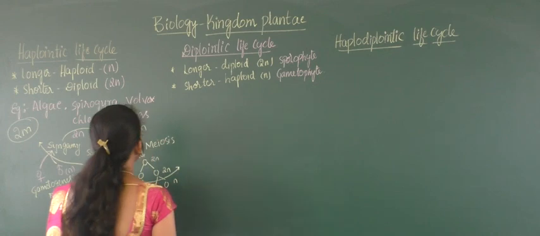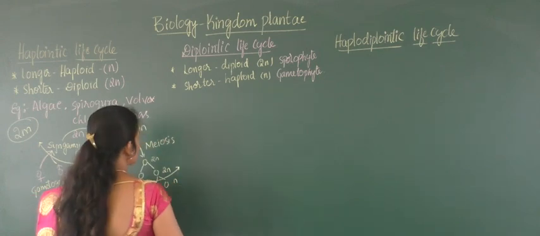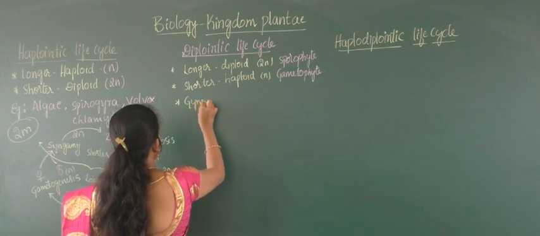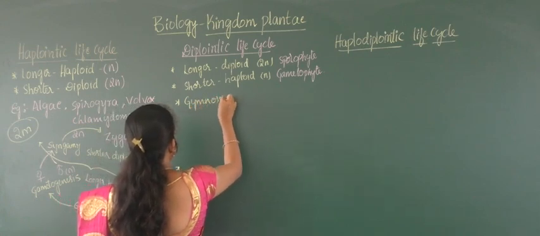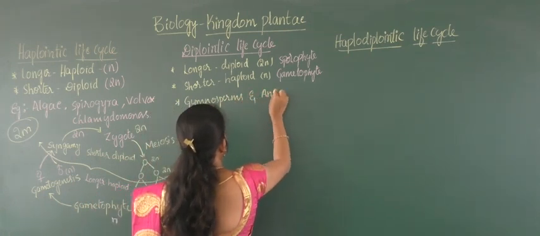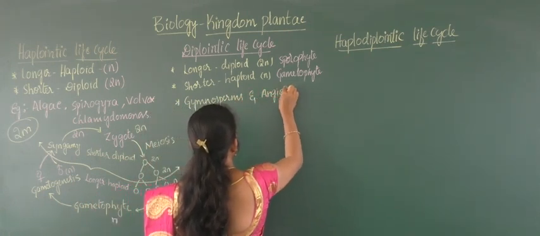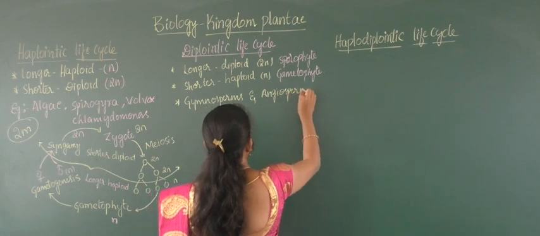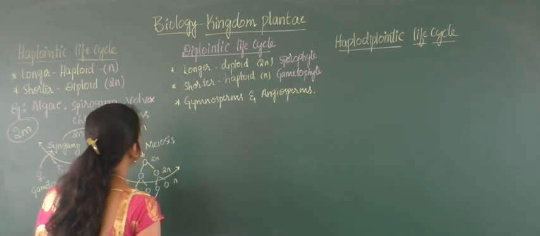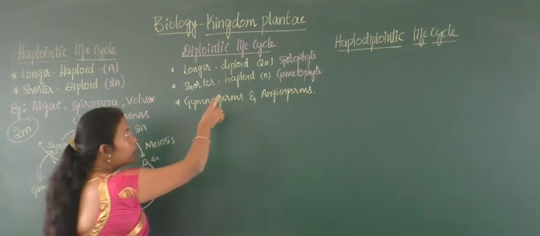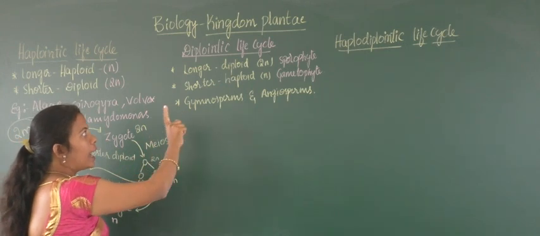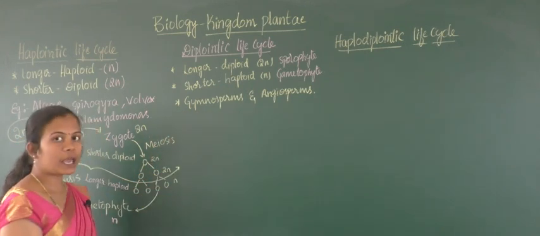So the examples for this are gymnosperms and angiosperms. See, when it comes to the diplontic life cycle, the diploid stage is sporophytic and it is dominant, and a shorter haploid stage will be there and that is gametophytic.